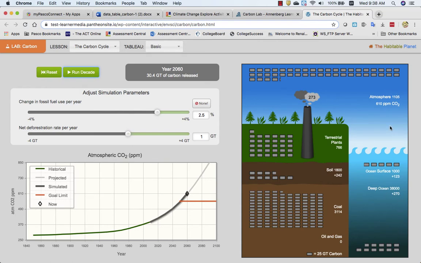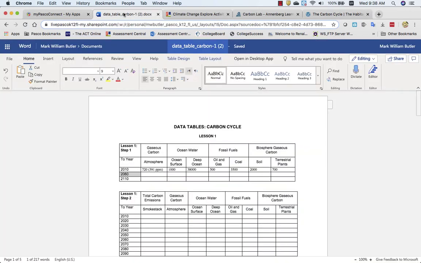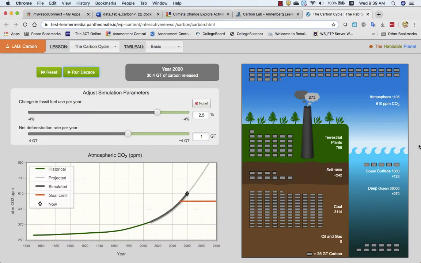So we're going to, again, go around the horn. The atmosphere is 1105, and carbon dioxide is 610. So we'd come here, 1105, and then 610 ppm. Ocean is going to be 1123, so we take this 1,000 plus 123, that's 1,123.